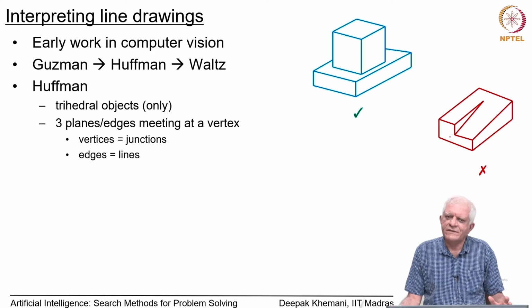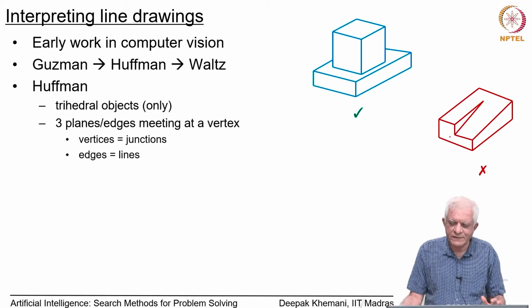Objects in which 3 plane faces meet at every vertex, or alternatively you can say that 3 edges meet at every vertex. So, exactly 3, not less, not more. Such objects are called trihedral objects, and you can see that the figure that I have drawn in green satisfies these conditions, and the figure that I have drawn in red does not, essentially.